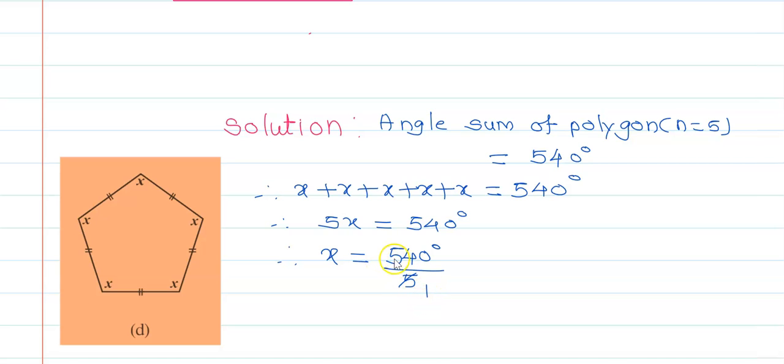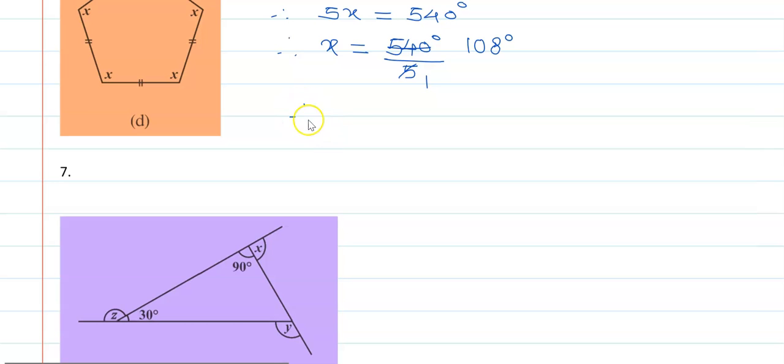Division is 5 ones are 5, 1. Next the division of the 0, and 5 8s are 40. Therefore the value of x is equals to 108 degree. This is the answer.